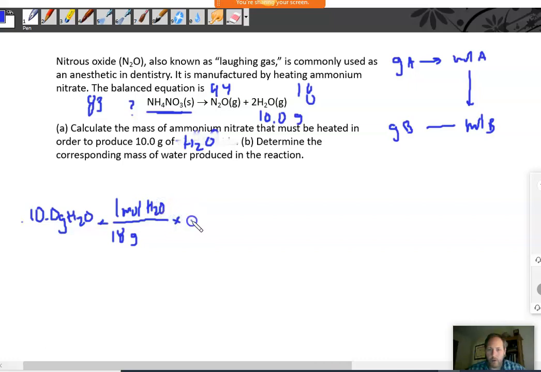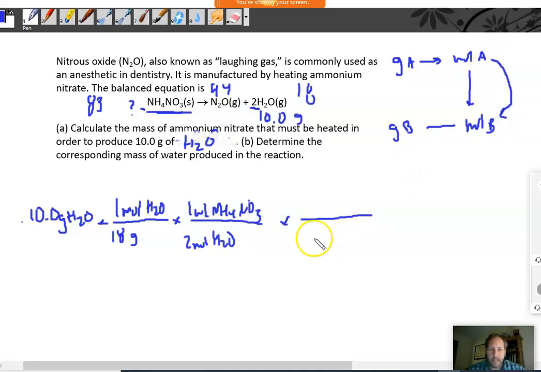Now I got to do the mole-to-mole conversion. So there's 2 moles of water for every 1 mole of ammonium nitrate. Now I need to find the mass, so I just went from A to B. Now I got to find the mass of B using the molecular weight of the ammonium nitrate.